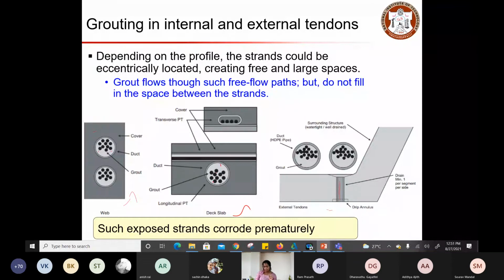Sometimes you will be filling only the available free and large spaces, but the small spaces between these strands may not get filled by the grouting. So when you have strands exposed to the environment, especially at the end of the section, because those are the critical points for pre-stressed concrete systems, such exposed strands would lead to premature corrosion.